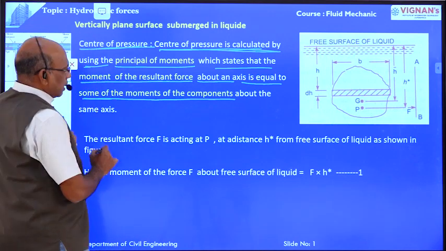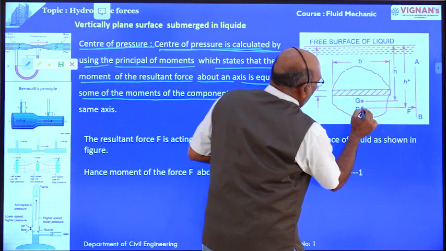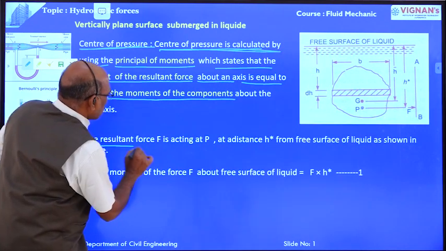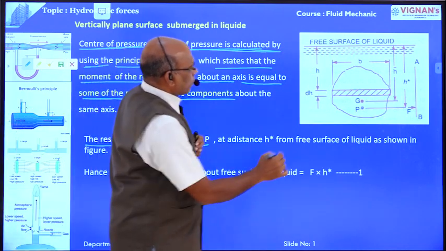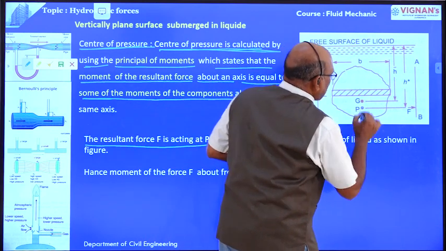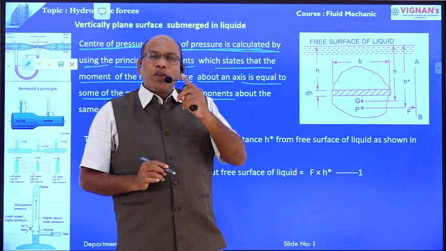Here, this is the point P. The resultant force F is acting at P. That is known as the center of pressure.